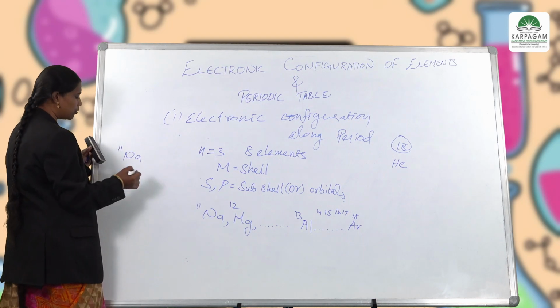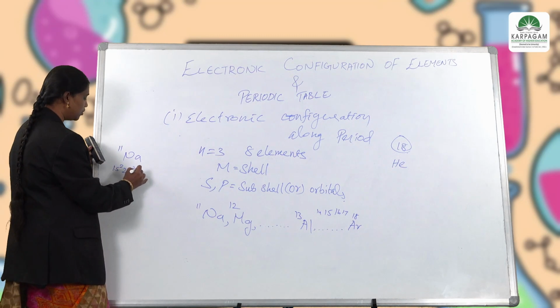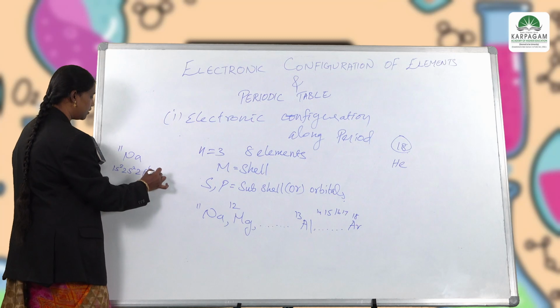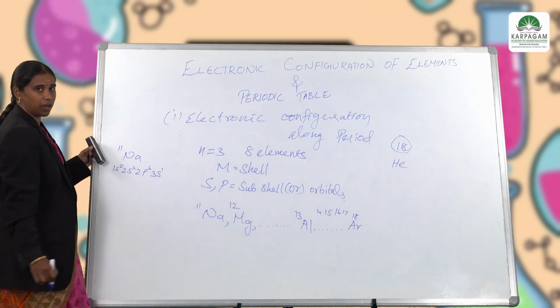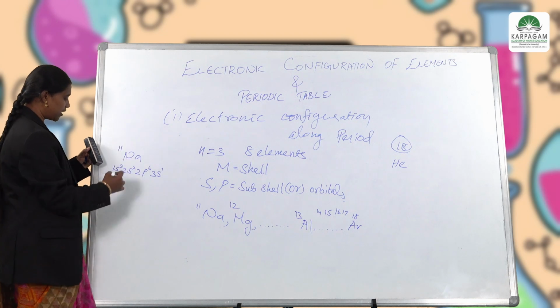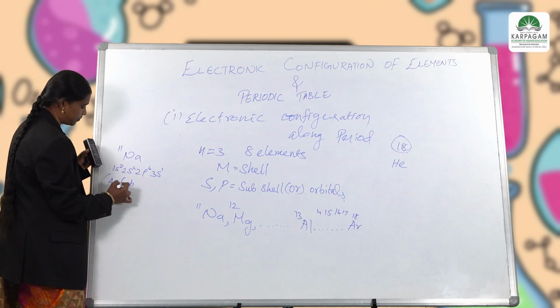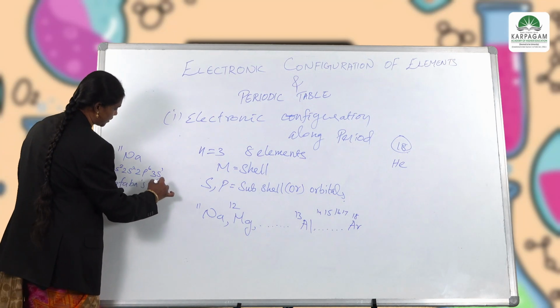So how are its electrons filled? 1s2, 2s2, 2p6 and 3s1. How its energy levels are arranged is by the Aufbau principle.